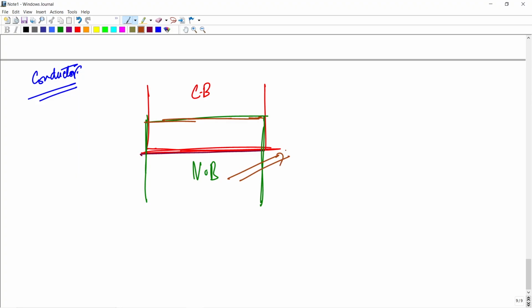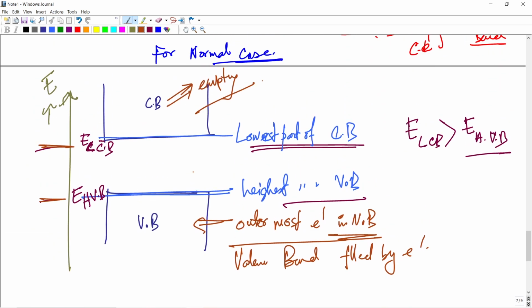So here electrons in VB are also in CB, and so the electrons are easily conducted. So you get current flow easily. Current flows when electrons jump from the valence band to the conduction band.